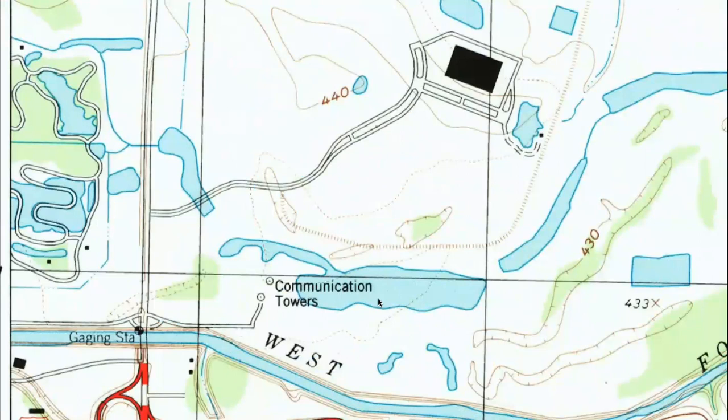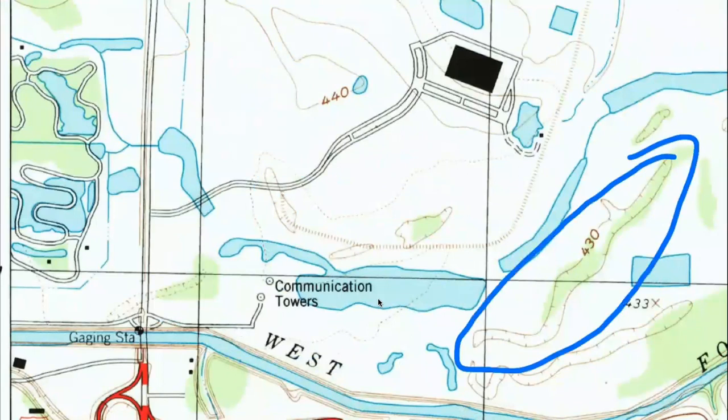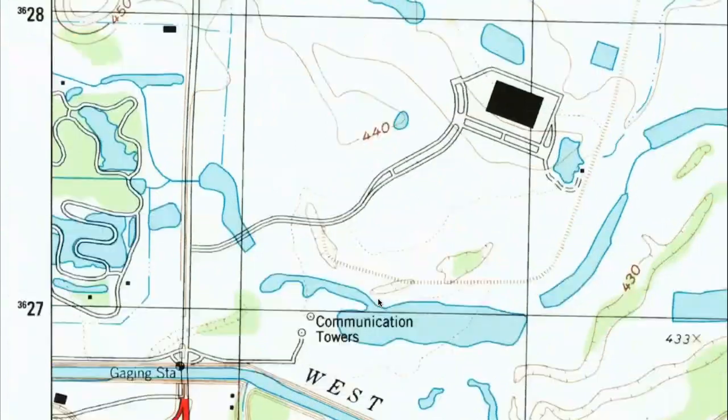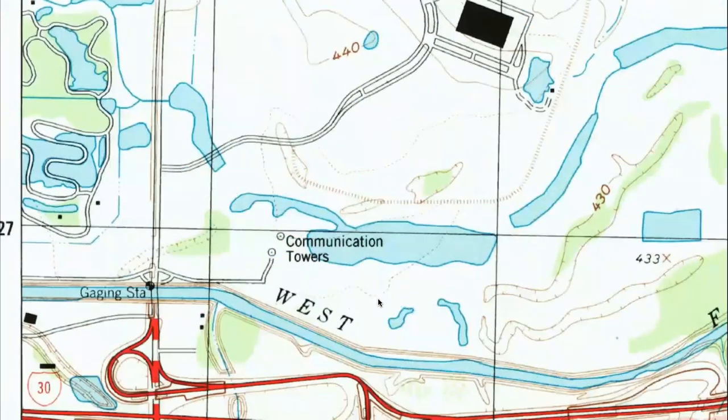Take a look at this one right here. We have a contour line with some teeth on it. Remember, those are called hachure marks, and those are what we use to show a dip or a depression in the land. So it looks like a ditch there basically. What else is in this exact shot right here? I saw a benchmark somewhere.